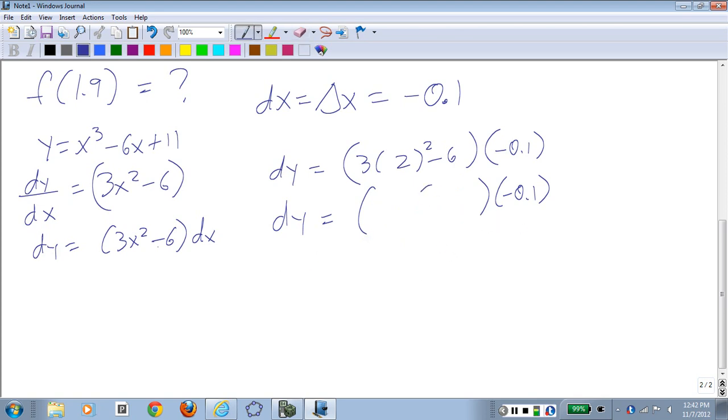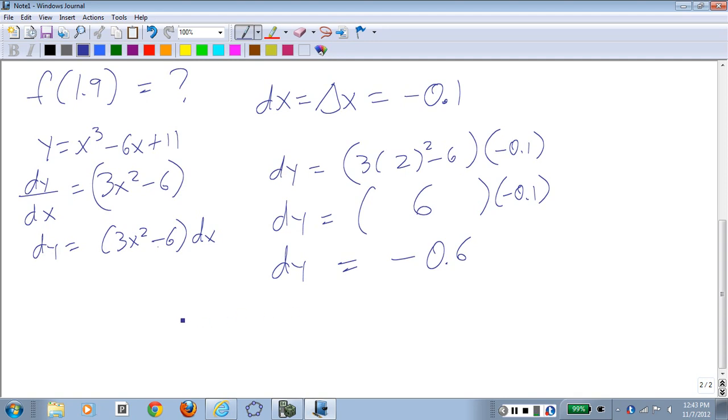The slope is 6. Slope is still 6. But this time we go 0.1 units to the left, so we go 0.6 units down. dy equals negative 0.6. There we go. So 0.6 of a unit down. So from the y value of 7, we can say delta y is approximately equal to this.